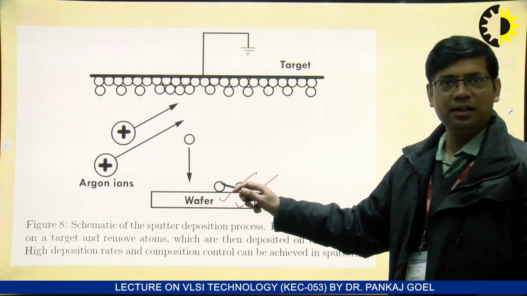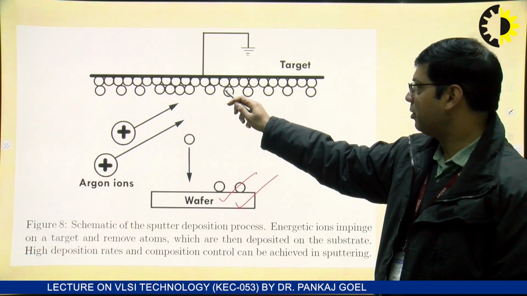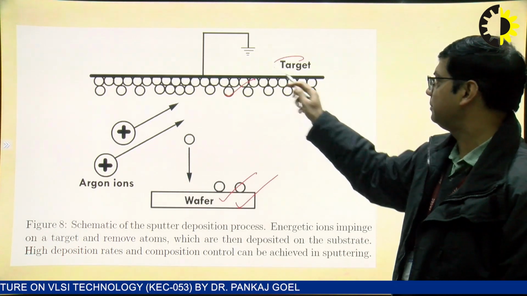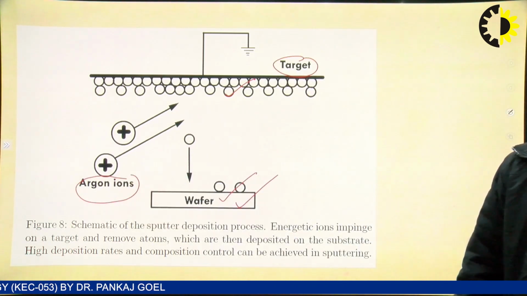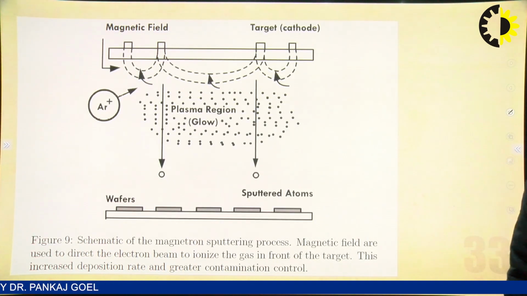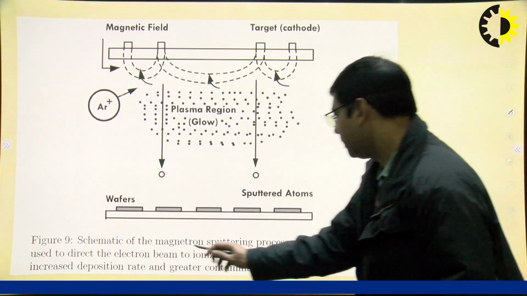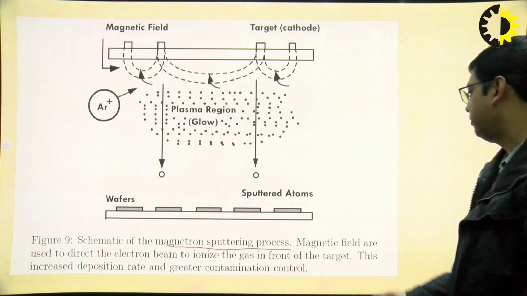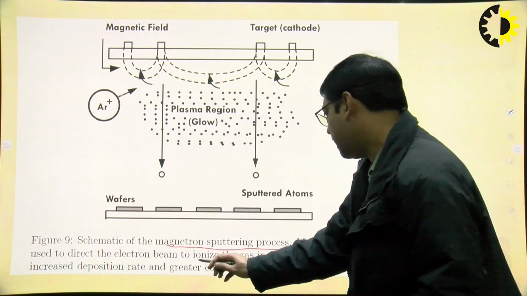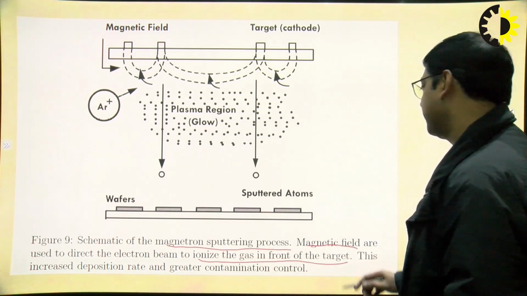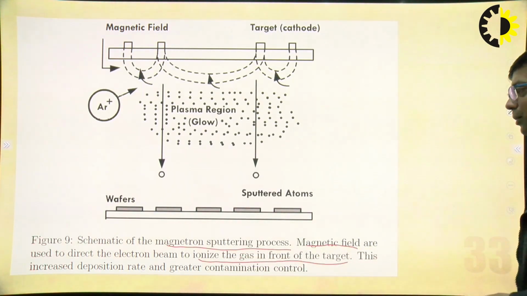Deposition of these dopants which are coming from this target, with the help of these argon ions. And here in case of magnetron sputtering process, a magnetic field is used which used to ionize the gas in front of the target, and it lead to better deposition rate and greater contamination control.